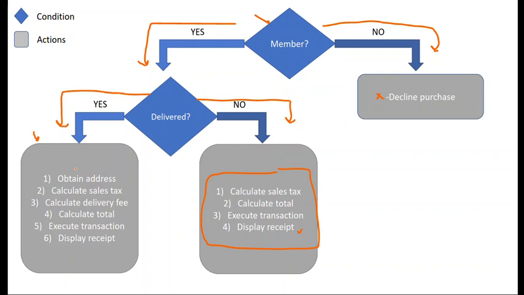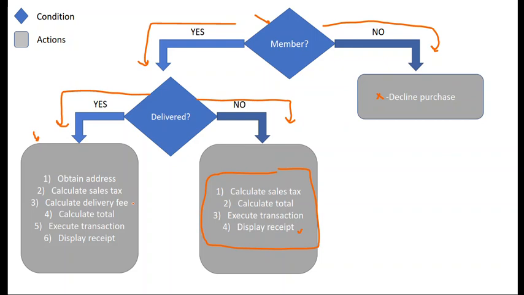A different set of tasks or actions will be executed by the program, starting with obtaining the address that the system may have already stored in the retailer's database. Second, the sales tax will be calculated.